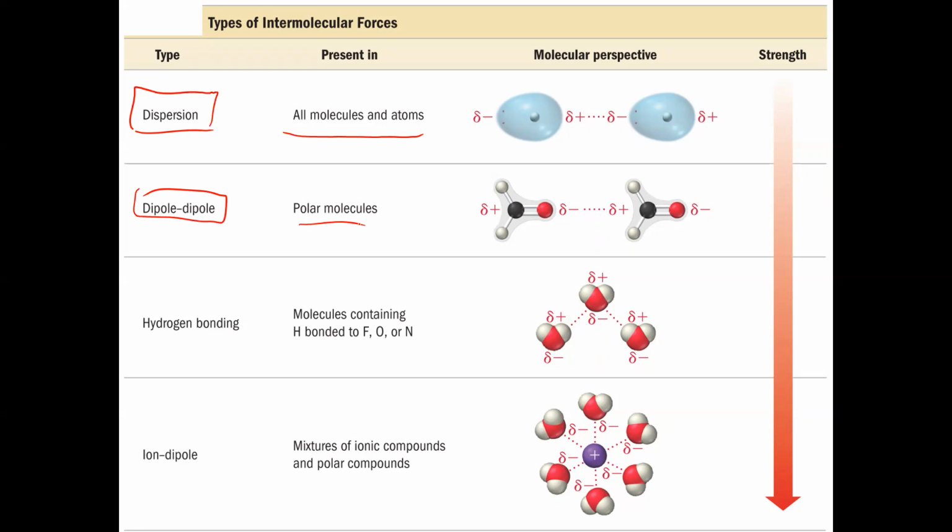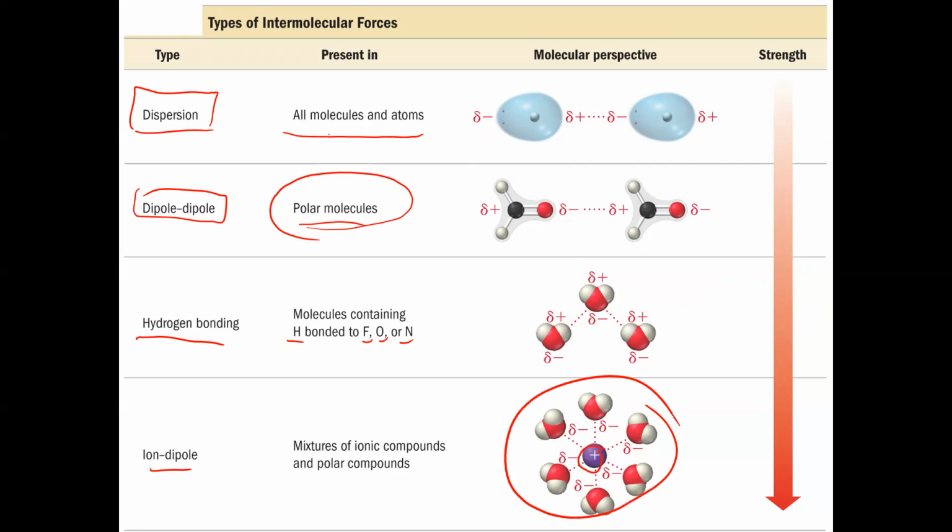If I have a polar molecule and a nonpolar molecule of similar molar mass, the polar molecule is going to have a higher boiling point because dipole-dipole is a stronger intermolecular force. Then I have hydrogen bonding, which is the super dipole, but the hydrogen has to be bound directly to one of these three elements, and that's even stronger. And then the strongest is what we see in mixtures, when we dissolve things, between the solute and the solvent, and we refer to that as ion-dipole.